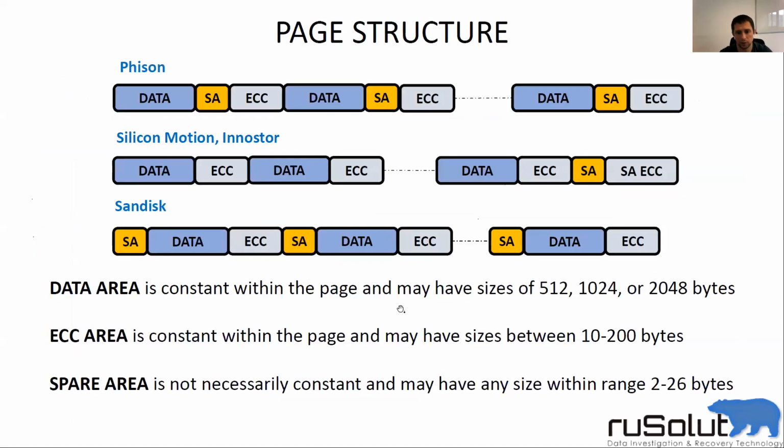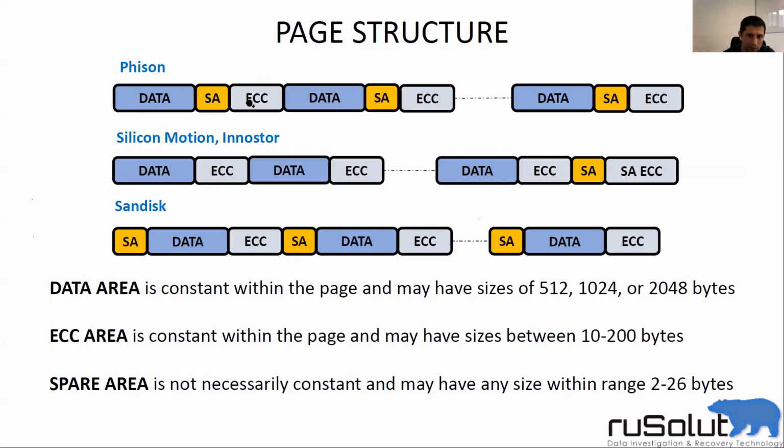All right, so now let's say several words about page structure. The structure for some particular controller is pretty standard. For example, if we are talking about Phison, normally we have data area, then service area with a LBN header and other things.